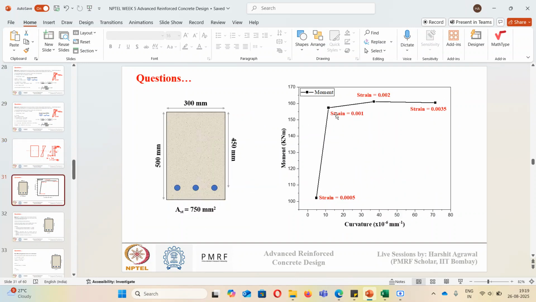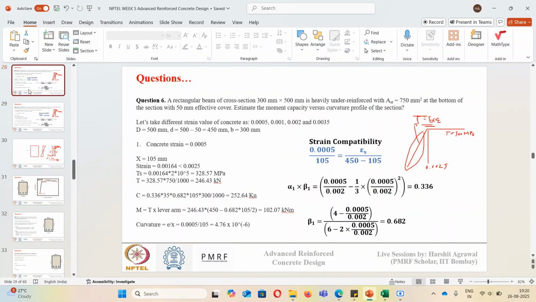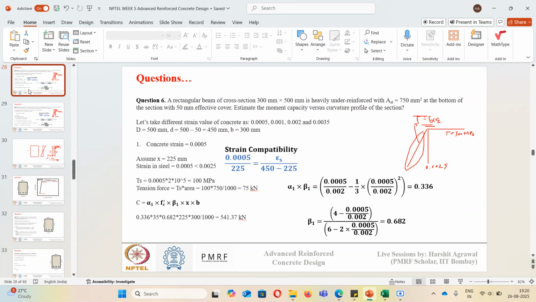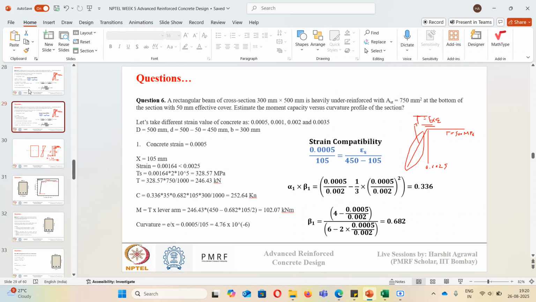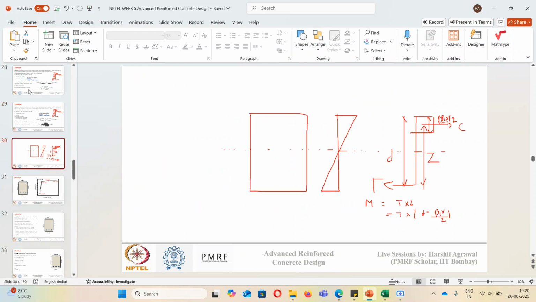Now, if I take strain in concrete as 0.001, my moment will go up to 157 kilonewton meter, and after that there won't be any significant increase in the moment. So this is the moment curvature profile for this under reinforced section, and this is how we do the calculation. This was done for 0.0005. Similar repetition you can do for 0.001, 0.002, and 0.0035 also.